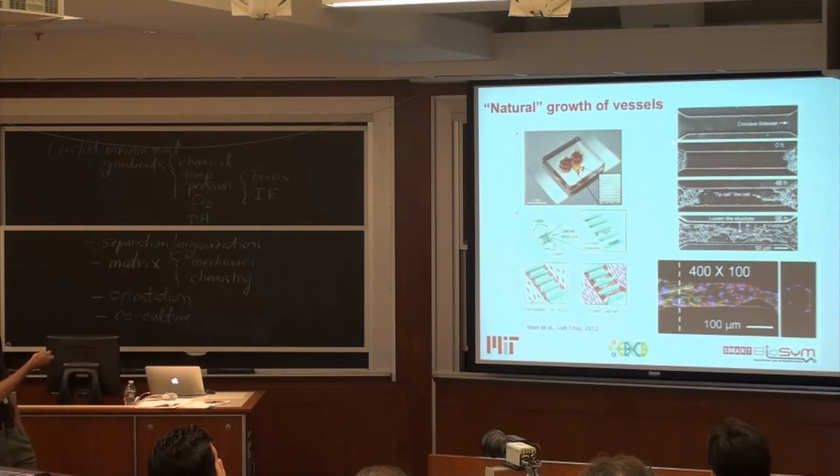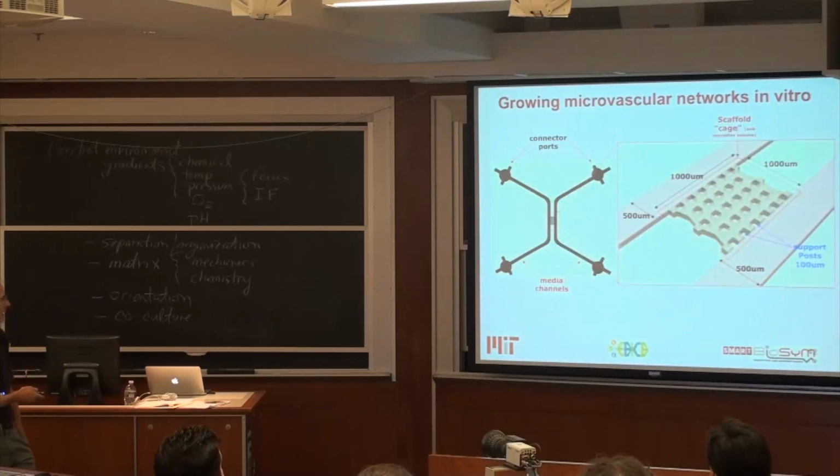And then they can actually watch these structures grow through the gel. This is a fibrin gel. And eventually they anastomose at the center in order to form a lumen that goes all the way from one side to the other. Okay, so it's a little bit of an engineered system, but at the same time the vessels are growing in a more natural way than you'd have otherwise.